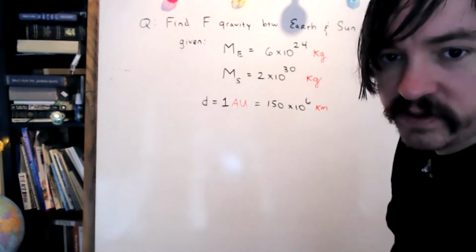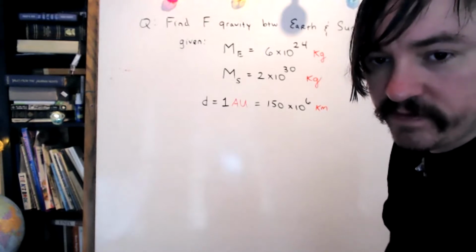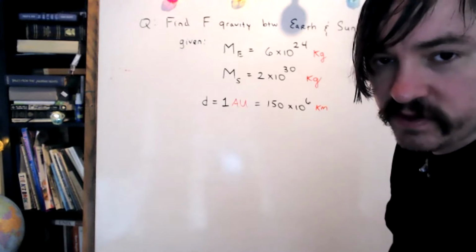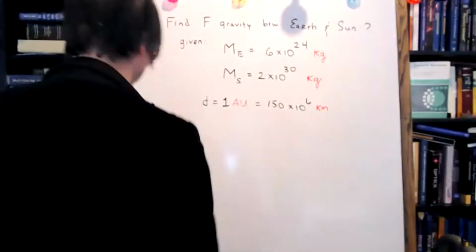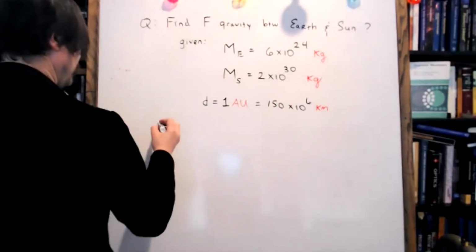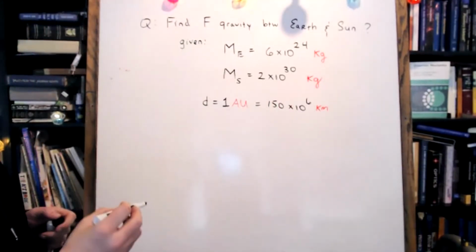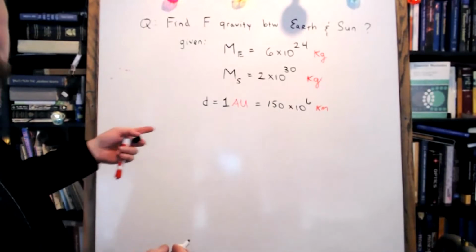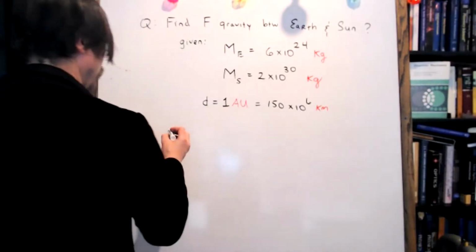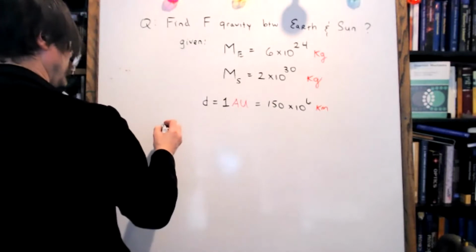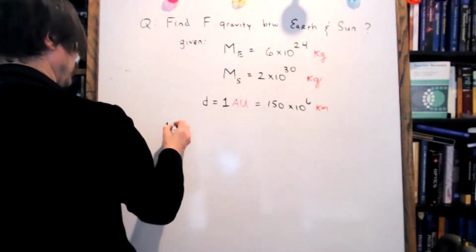Ian, it's your turn. Can you help me convert 150 million kilometers to meters, please? I believe the same method that Jenna used a second ago. So you would put the thing you're trying to convert, which is 150 times 10 to the 6th kilometers.